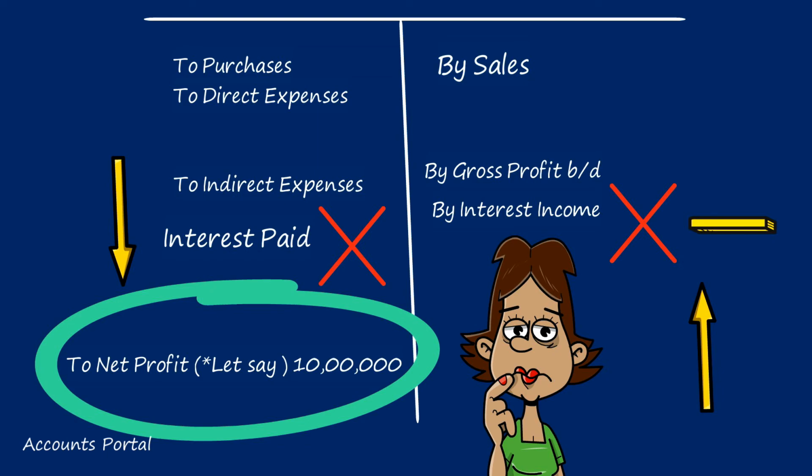How to eliminate? Deduct or less, because in net profit it is already added. This interest, whatever is taken on the debit side, was already deducted in arriving at the net profit. What should we do? Add back. So in this way, non-cash and non-operating items shall be eliminated from this profit.